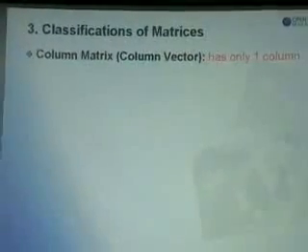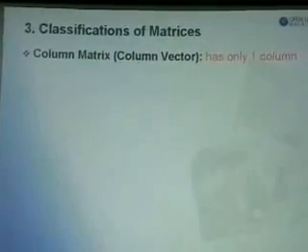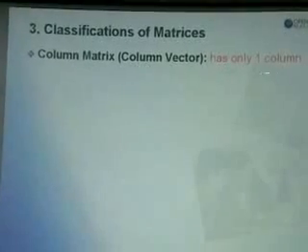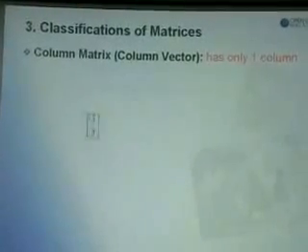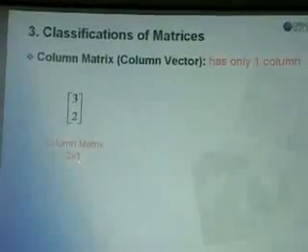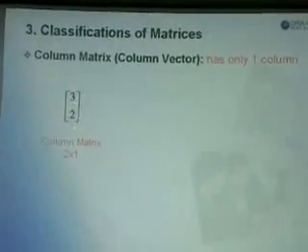In the next slide, I'm going to explain how to classify a matrix. Right? First, we have the matrix called the column matrix or column vector. So for this type of matrix, there is only one column. For example, in this matrix, which is known as a 2 by 1 matrix, there is only one column but 2 rows.